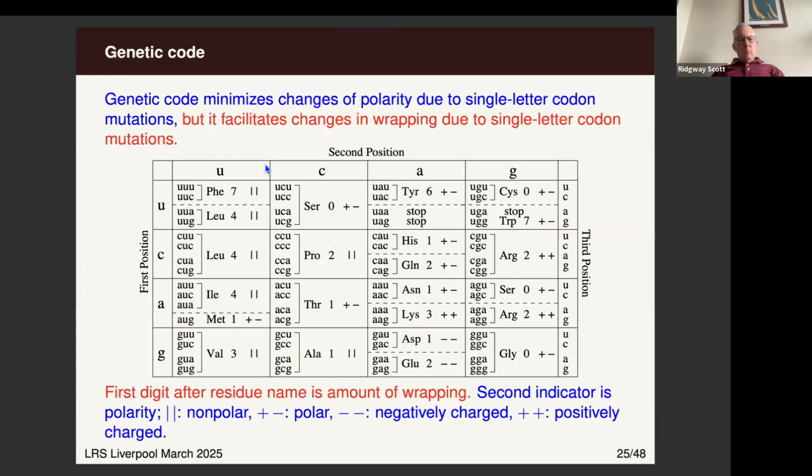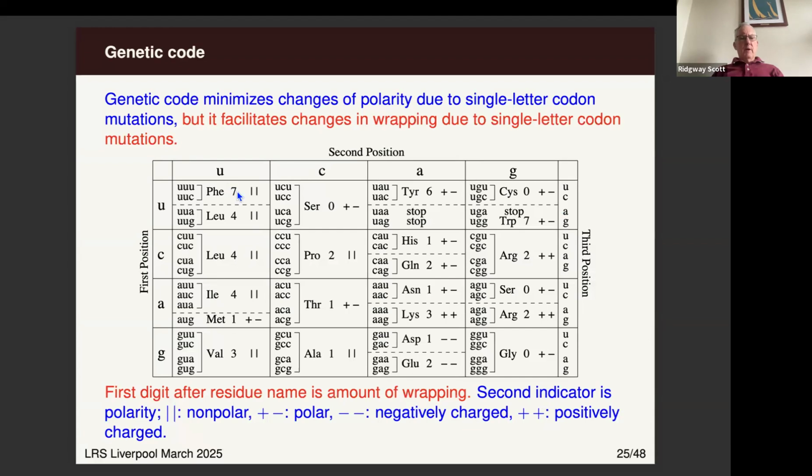Okay, so one more thing about the basics of hydrophobic interactions. I asked myself, what about the genetic code for coding for protein side chains? This is the standard way the genetic code is written. What I've done is I've added two things.